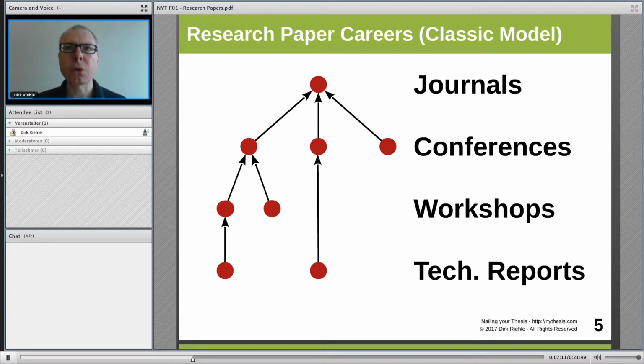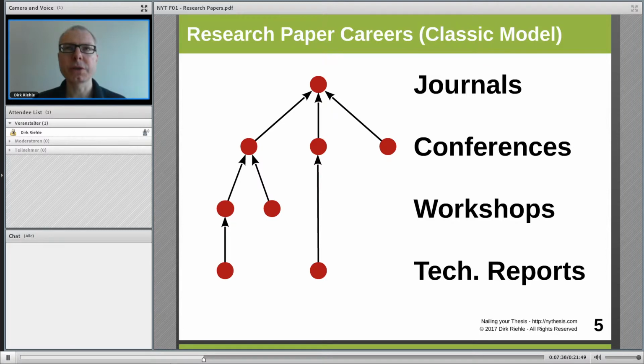This hierarchy of lower quality papers feeding into a larger one is really not so prevalent or common these days, as people simply try to get out every paper at the highest possible level they can. So rather you just see a sequence of papers and not necessarily a culmination in a summarizing journal paper.